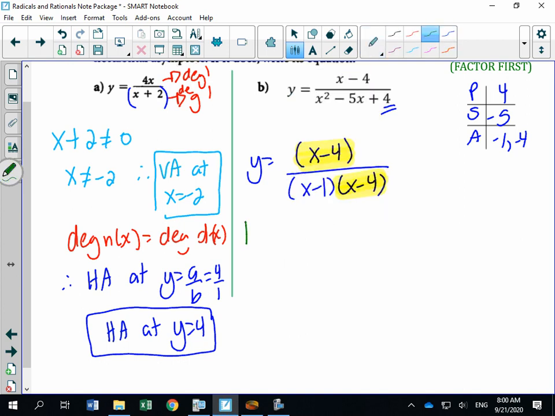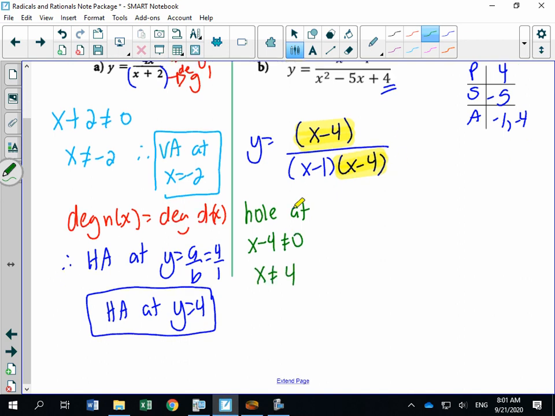I know that there's going to be a hole at x minus 4 cannot be equal to 0, x cannot be equal to 4. There is going to be a hole in here at x is equal to 4. And I'll find the point of my hole in a bit. So a hole or a point of discontinuity at x is equal to 4.